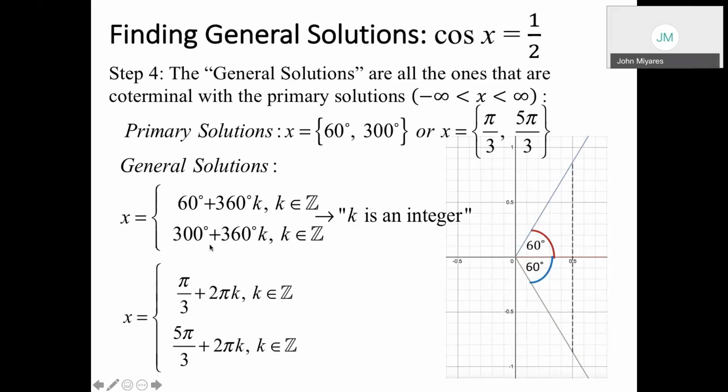Using a plus sign is fine, but it is important to know that k has to be an integer, which is what this k and the bent out e and the double barred z are going to tell you, because k cannot be a fraction. I cannot have fractional multiples of 360 degrees. That's not going to get me the coterminal angles we're looking for.